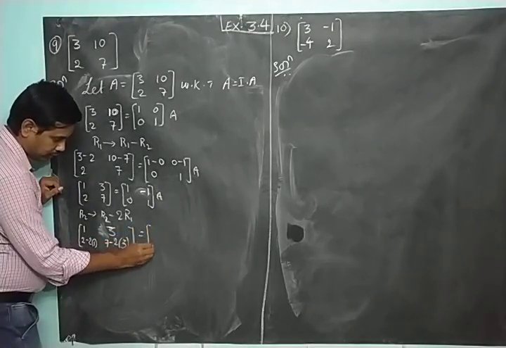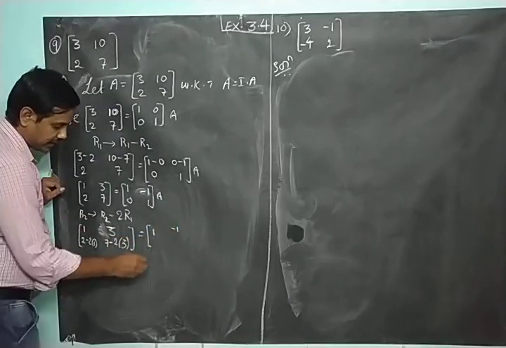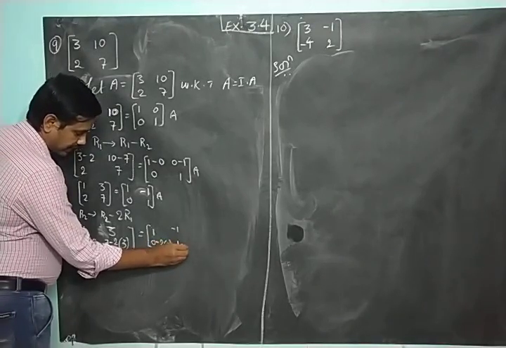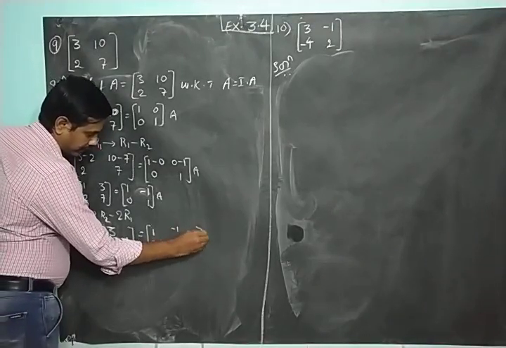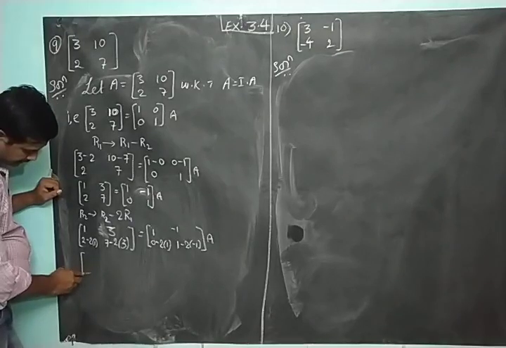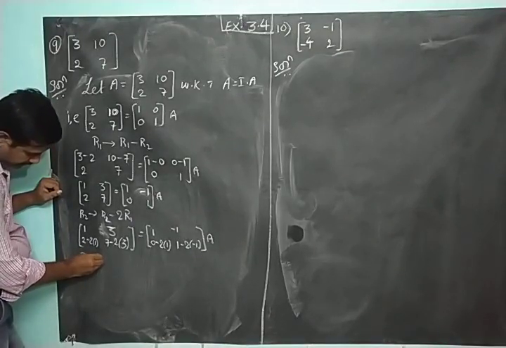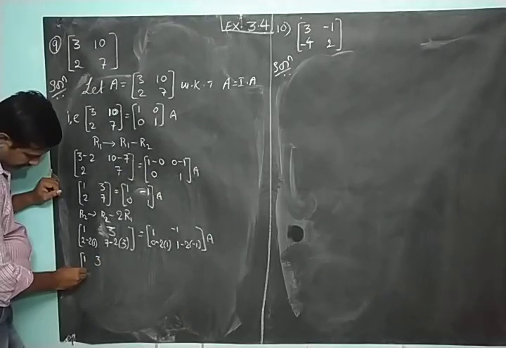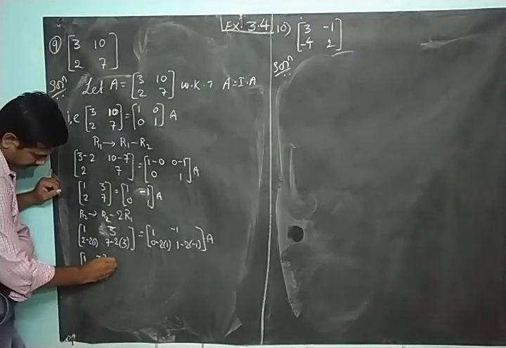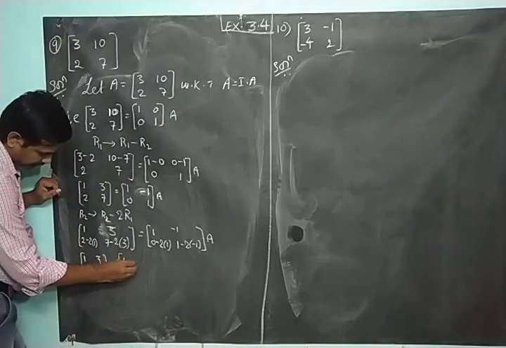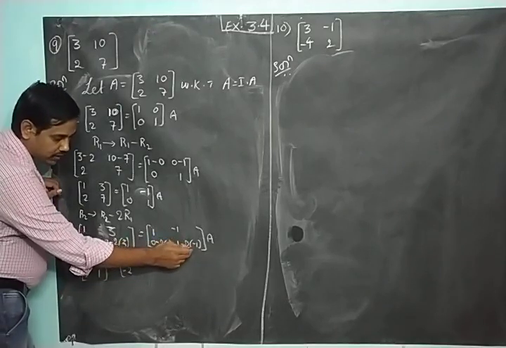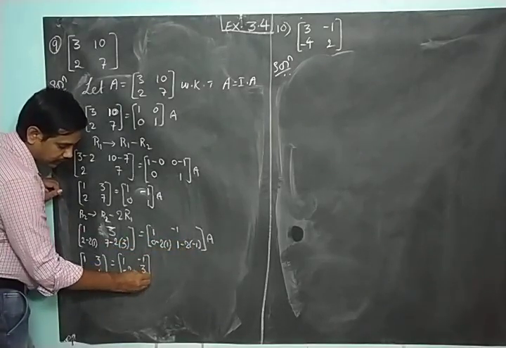So that will be 1 minus 1, 0 minus 2 into 1, and here 1 minus 2 into minus 1, into A. So this will be 1, 3, then 0, 1. And 1 minus 1, then 0 minus 2 into 1 is minus 2, and 1 minus of minus 2, that is plus 2, 1 plus 2 is 3, times A.